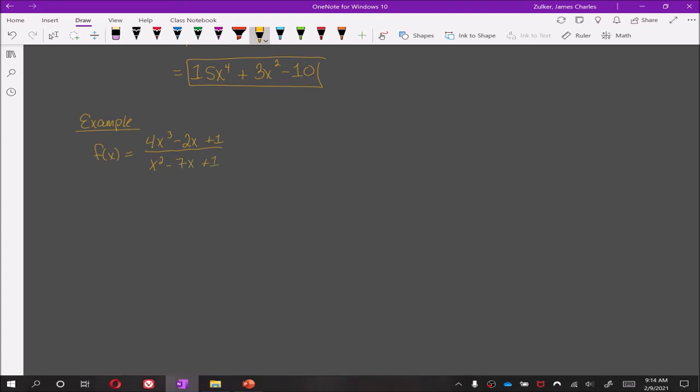So this is a quotient rule, right, which says we take the denominator, multiply it by the derivative of the numerator, subtract out the numerator times the derivative of the denominator, and put that all over the denominator squared.